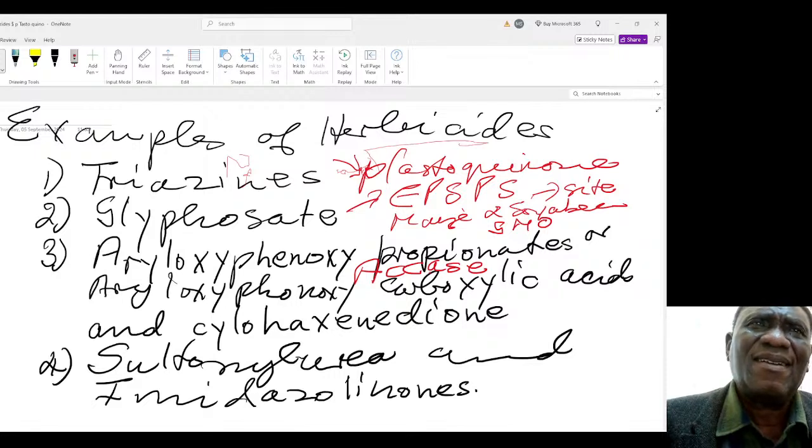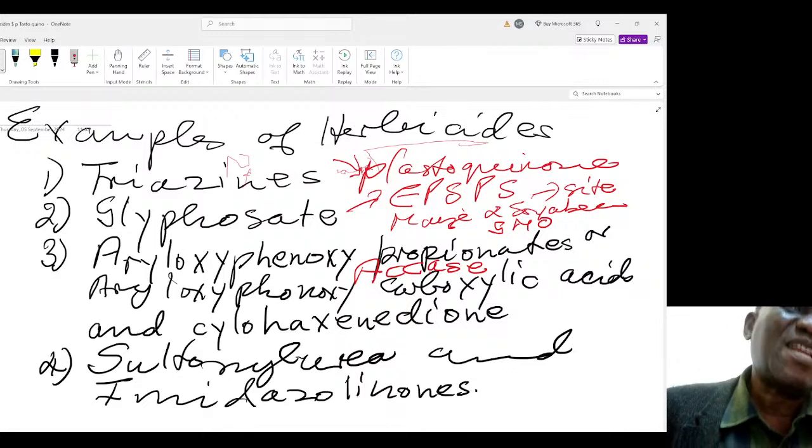But in the broadleaves, soybean and groundnuts, these herbicides are not going to combine with this enzyme. Therefore, the crop is going to survive.